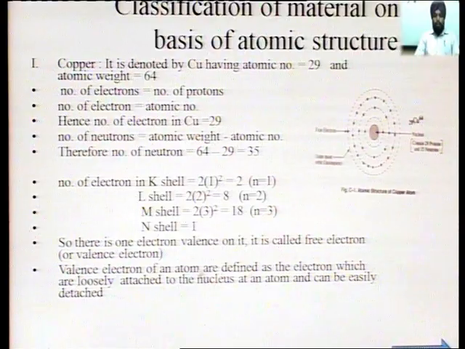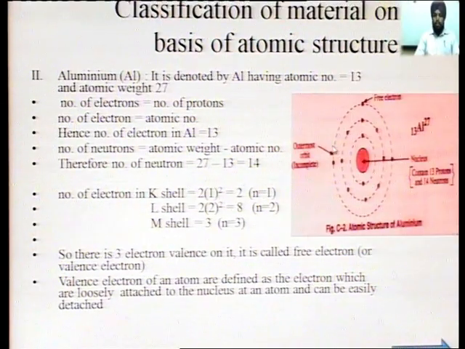Valence electrons of an atom are defined as the electrons which are loosely attached to the nucleus of an atom and can be easily detached. So this last electron can be easily detached, and this electron is responsible for current conduction.